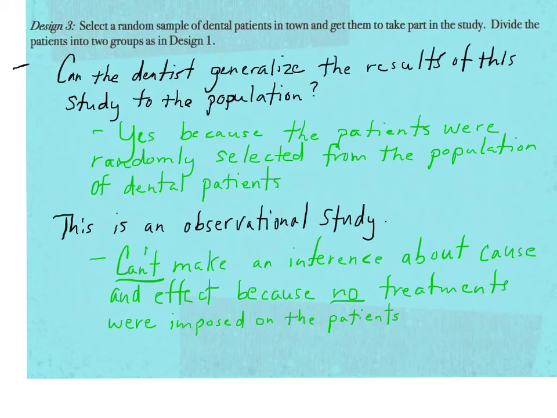She can't say whether the vitamin C causes the reduction or some other confounding variable, but what conclusion she can draw is that those people in the general population of the town that take vitamin C have fewer canker sores than those that do not take vitamin C.